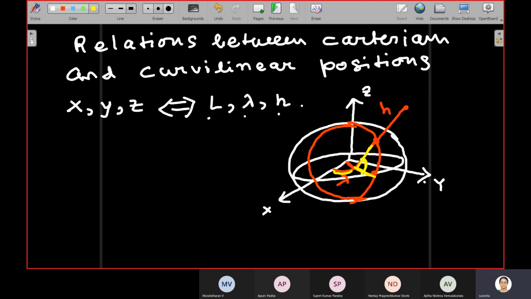You understand that this angle is lambda? Yes, ma'am. And what is this angle? Theta. You see the variable notation we have used. Have you used theta anywhere?